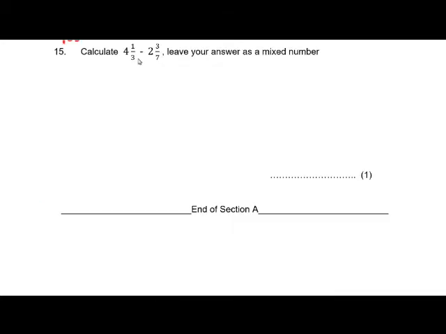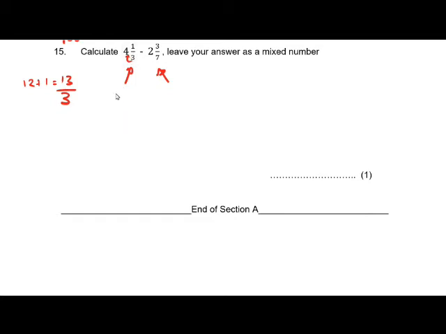Question 15 is asking us to subtract 4 1/3 from 2 3/7. The best way to do this is to turn it into an improper fraction. So 3 times 4 is 12, plus the 1 we've already got is 13 over 3.